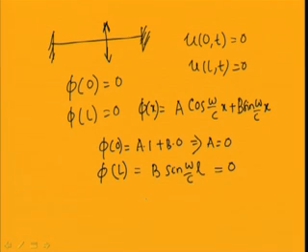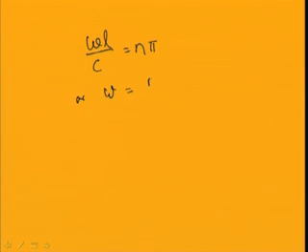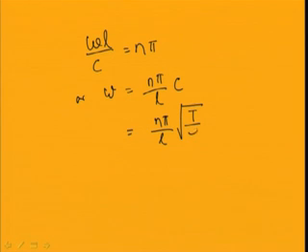So, as b not equal to 0, our frequency equation will be sin omega l by c equal to 0. So, omega l by c will be equal to n pi, or omega will be equal to n pi by l into c. For this case of string you found c as root over T by rho, where rho is the mass per unit length and T is the tension in the string.